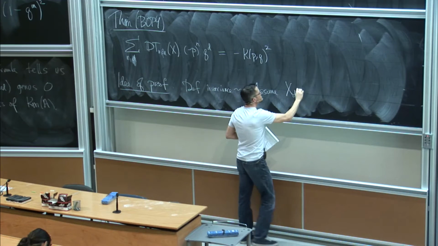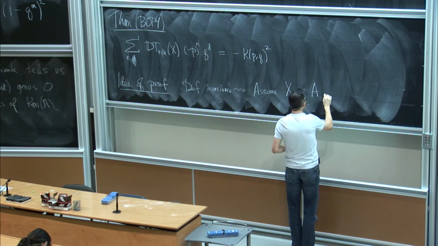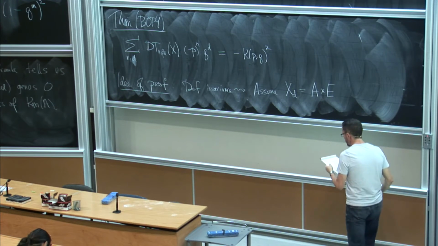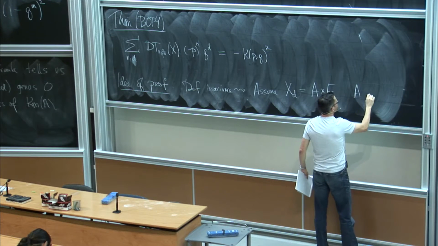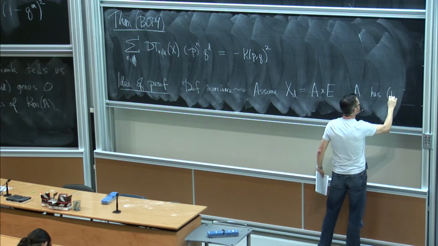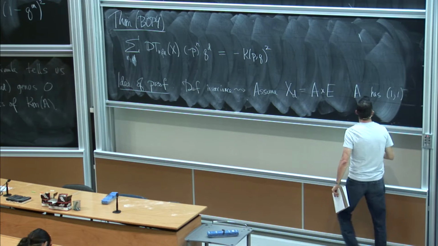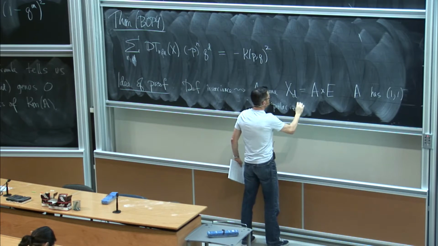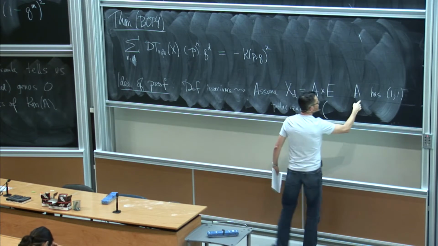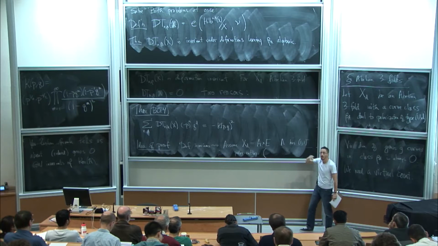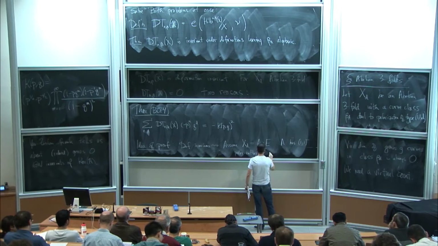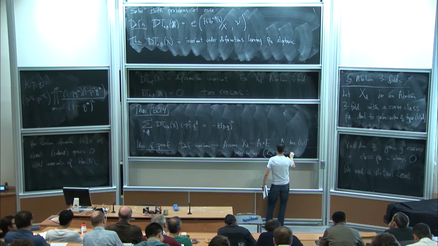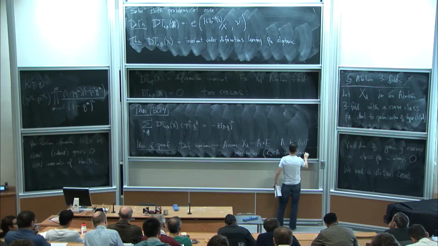that our X_d is in fact a product of an abelian surface and an elliptic curve, where A has a (1,1) polarization. So in particular, there's a curve, unique up to translation, a genus 2 smooth curve C inside of it.